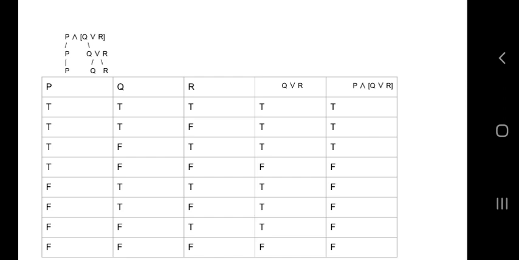And actually, this property of these two formulas being equivalent is the property of conjunction distributing over disjunction. You don't have to know what that term is right now because we'll talk about it later, but for now, that's what it's referred to as. There's a distributive property for the conjunction symbol over the disjunction symbol.